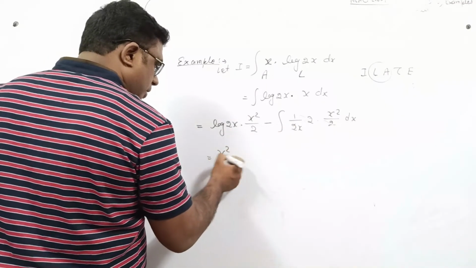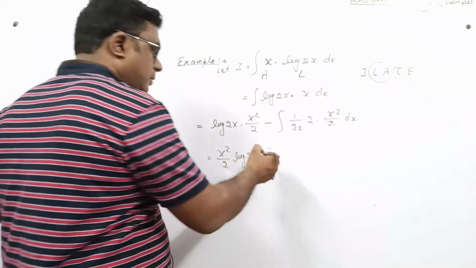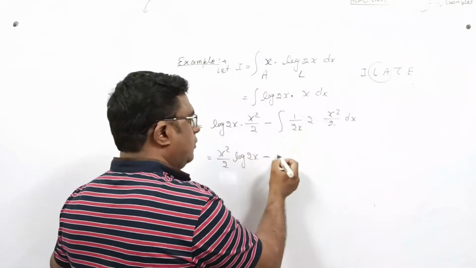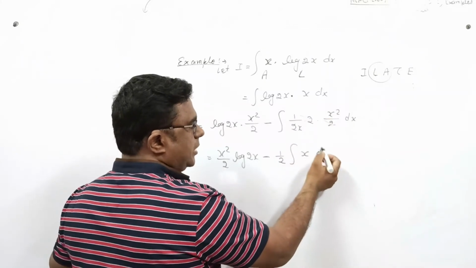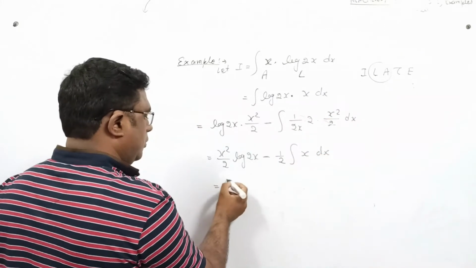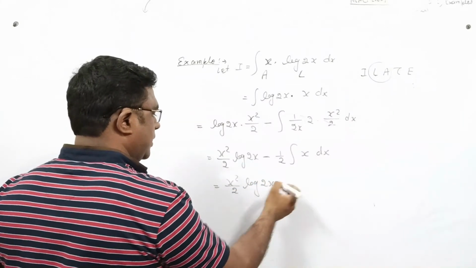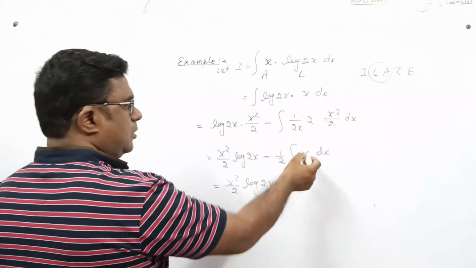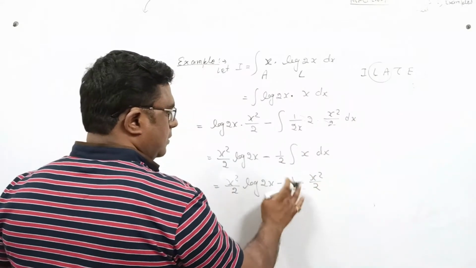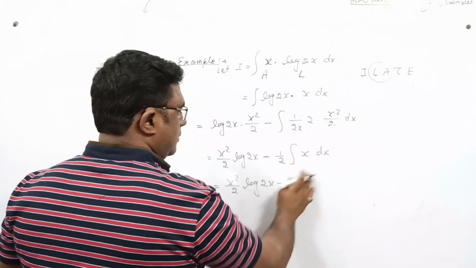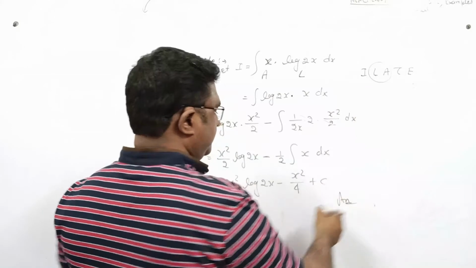Equal to x square upon 2 log 2x minus 1 upon 2, outside; it is x square, it is x, so only x is left. Equal to x square upon 2 log 2x minus 1 upon 2. Do the integration of x again, so x square upon 2, and in the next step it will become x square upon 4 plus c, answer.